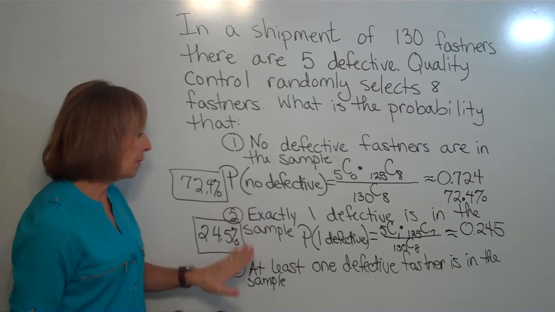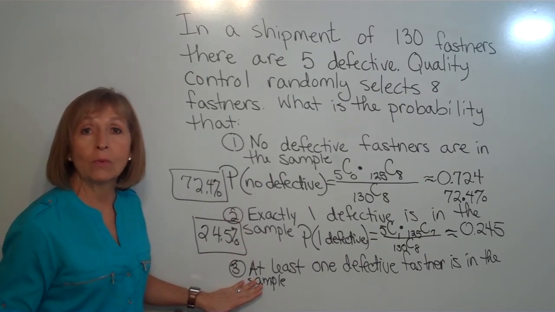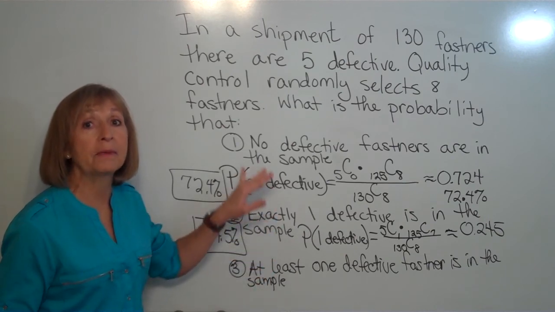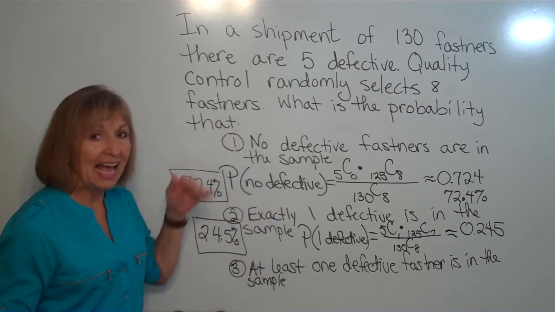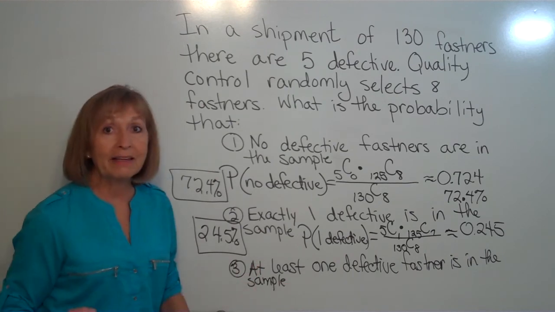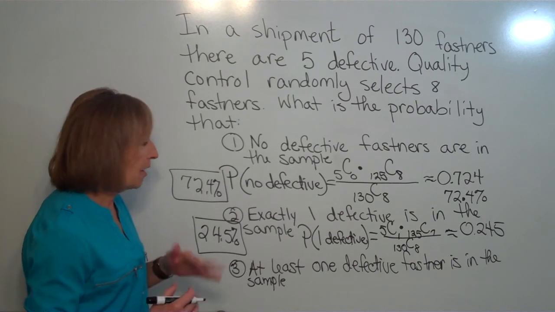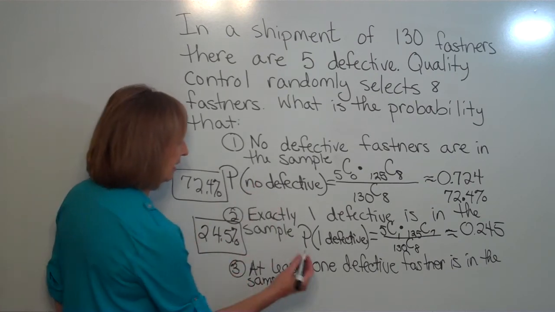So if I want the probability that at least 1 is defective, I just need to take 1, subtract the probability that none are defective, and I get it straight away without having to do all those other calculations. So if I can find another way to come at it that saves me calculations, I'm all for that. So we're going to look at it this way.